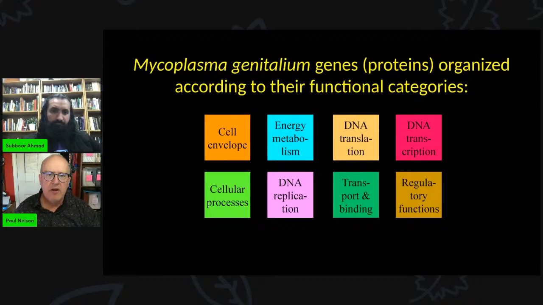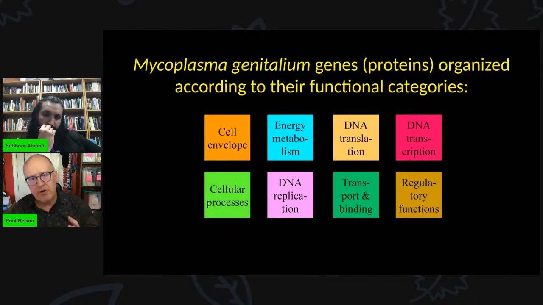So these are the basic functional categories of any free living cell. You've got to have your boundary between yourself and the world. You've got to be able to divide. You've got to be able to convert raw materials into form that's usable to you, replicate and translate your DNA, transcribe it, and so forth. So these and other functional categories are constitutive of the living state.